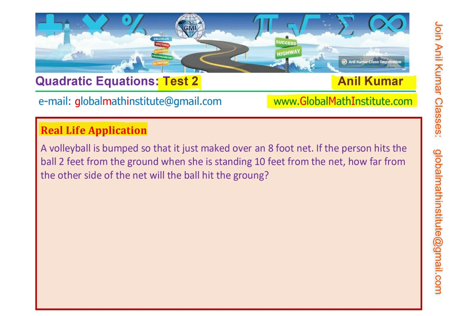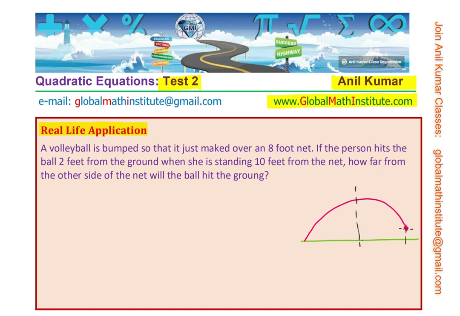So the scenario is something like this, that let's say that's the ground, right? And the person hits the ball from here, so this is 2 feet above the ground. And let's say the net is right there in the center.